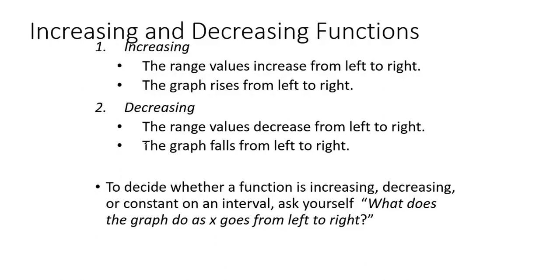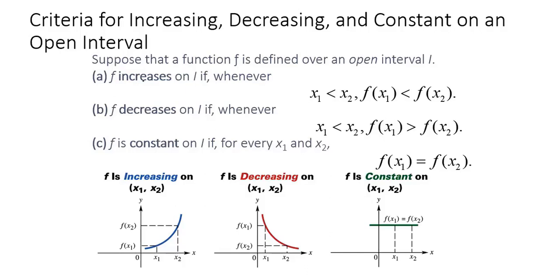So to decide whether a function is increasing, decreasing, or constant, you want to ask yourself, what does the graph do as x goes from left to right? If going down, it would be decreasing; going up would be increasing.